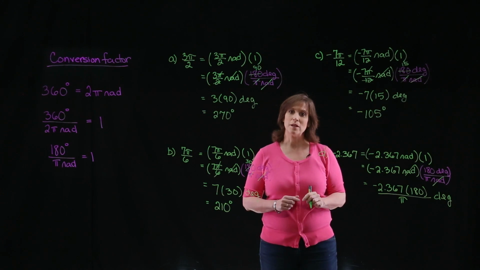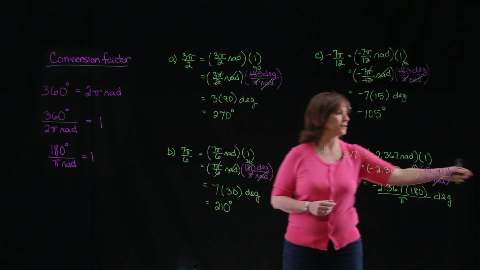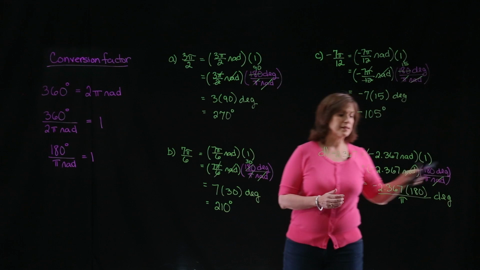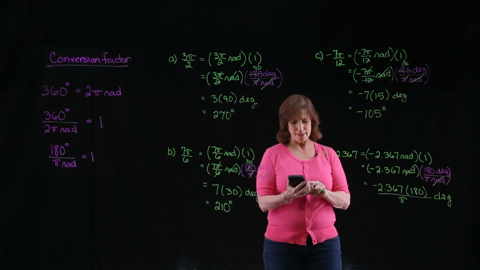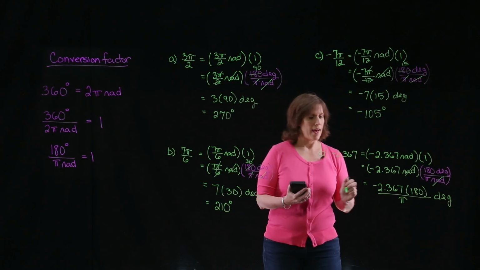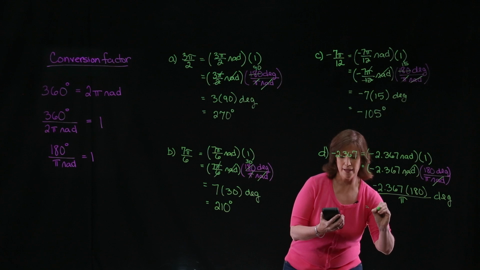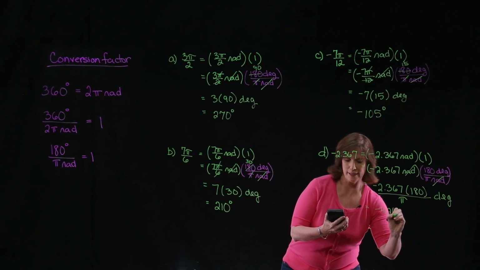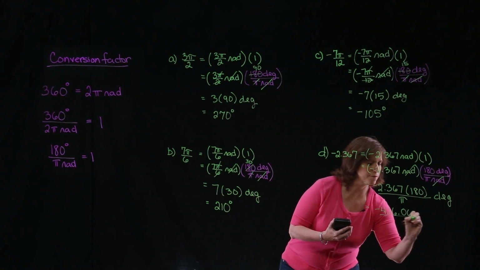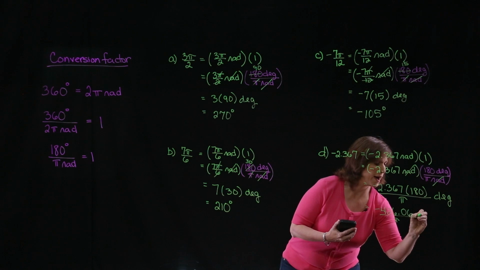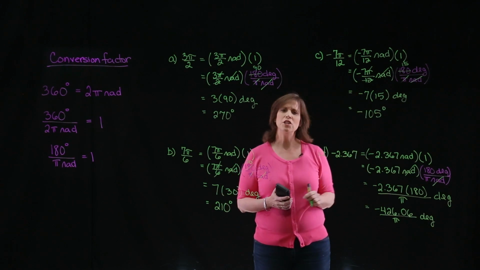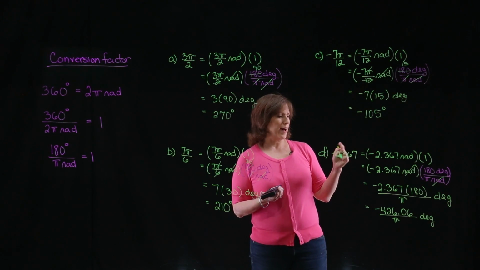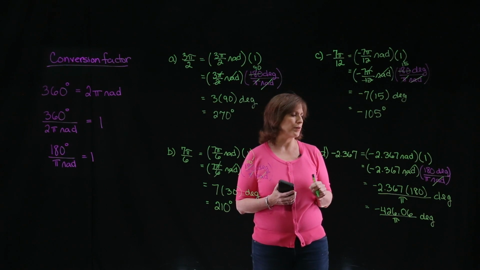Okay, to simplify this one further, I think I'm going to pull out my calculator because I want to multiply negative 2.367 times 180. And I get minus 426.06 divided by pi degrees. Right? Now, it's a little unusual to have an angle where you're dividing by pi and have that written in degrees.